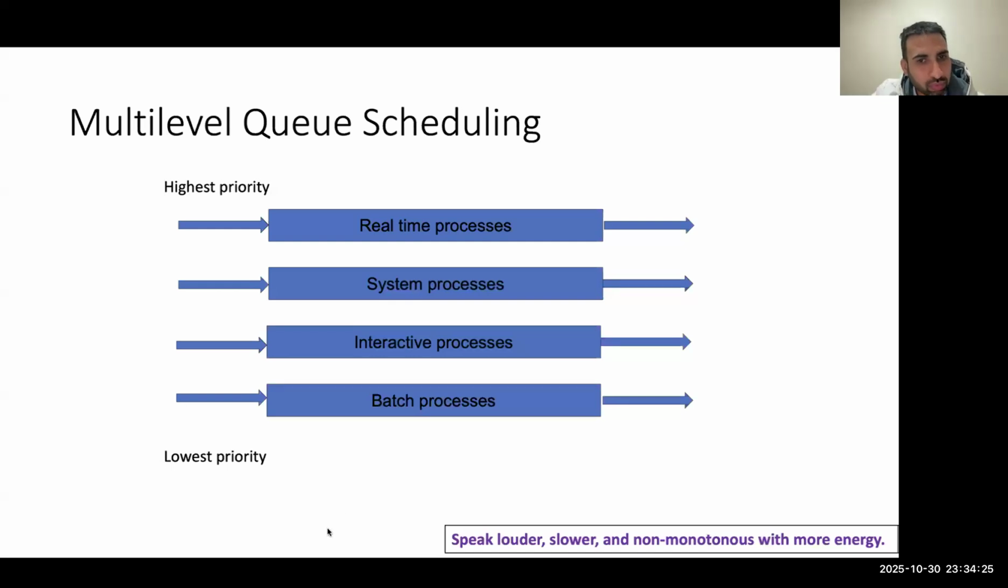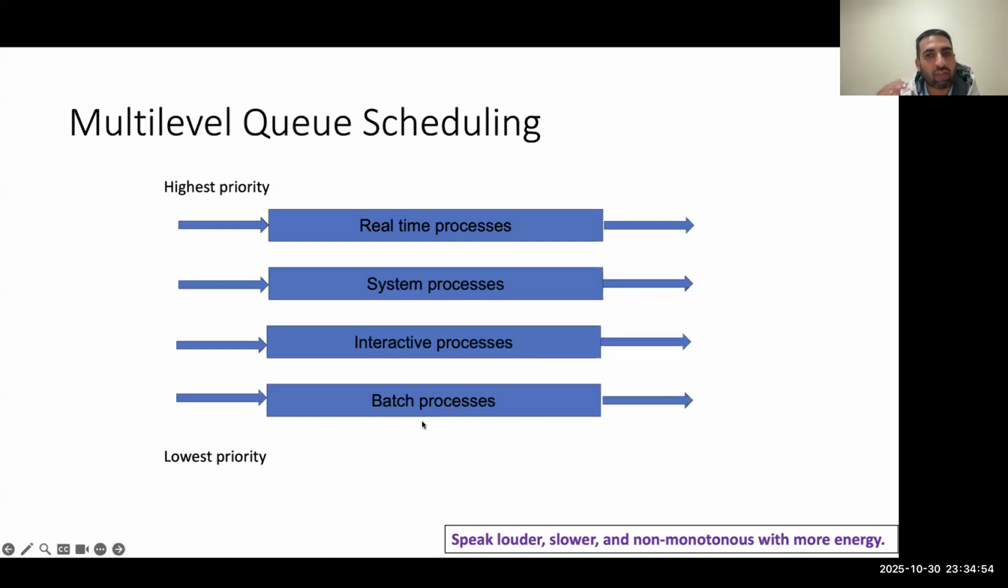For interactive processes, we want them to run more quickly, right? So what we can do is assign a separate level of priority for each process category. We can assign highest priority to the processes which are real time, then next highest is system processes, then next highest is interactive processes, and lowest are the batch processes, right?